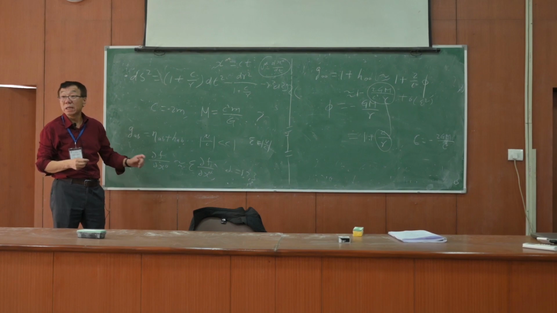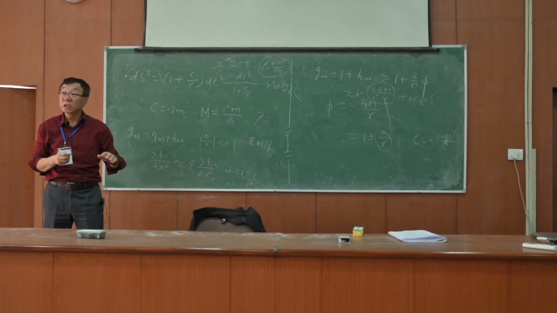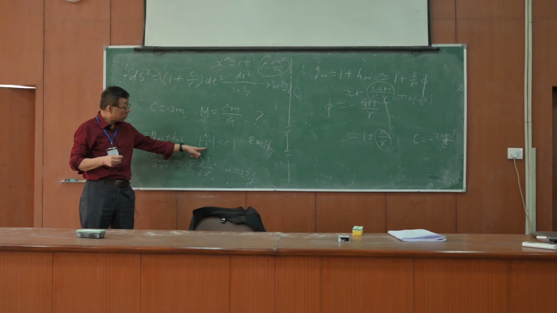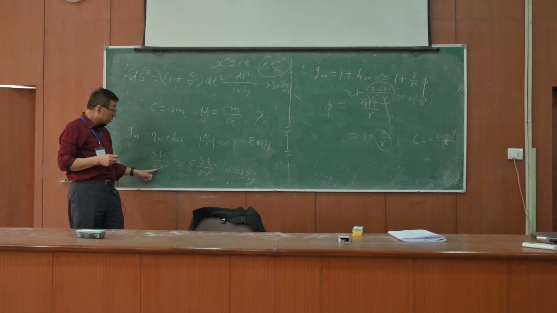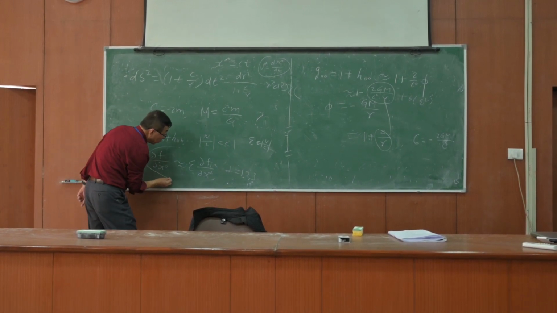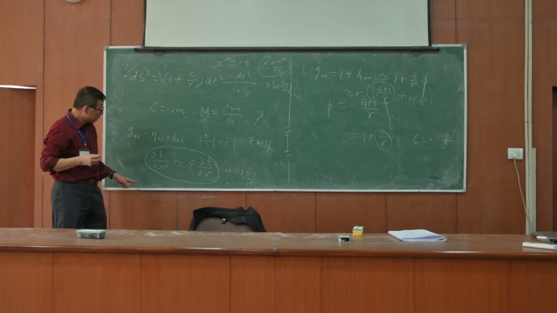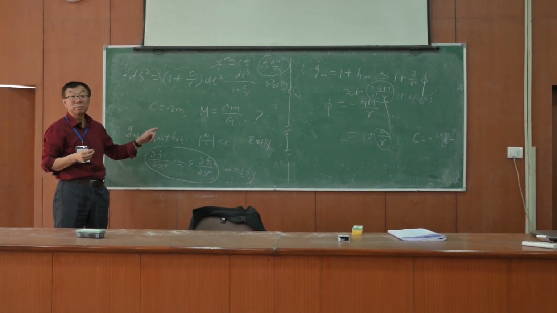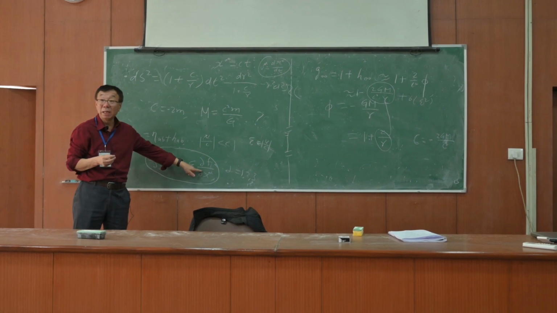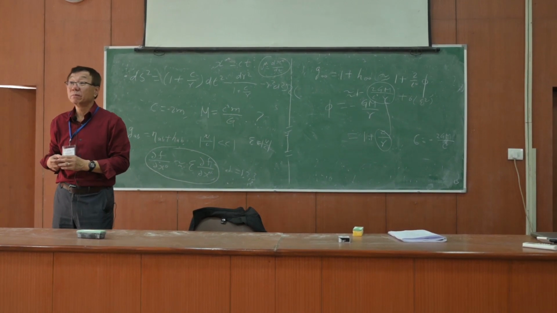So the time change is very slow. When the velocity over c is very small, mathematically for any given function the time derivative is one order smaller than the spatial derivative.